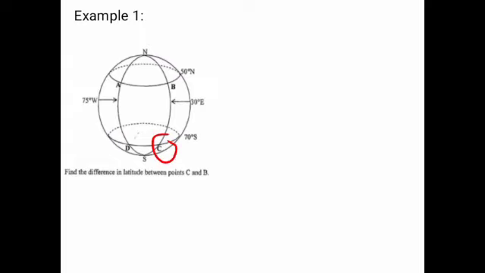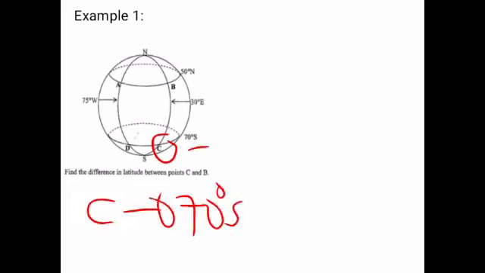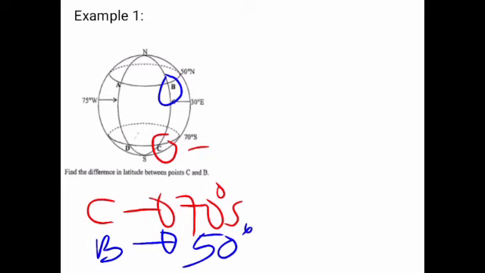C is lying on 70 degrees south. You can see that it's lying on 70 degrees south. And we can see that B is right there, and it's lying on 50 degrees north.